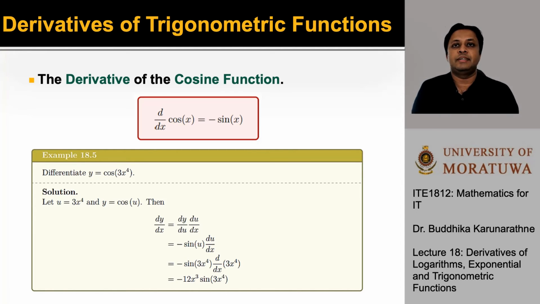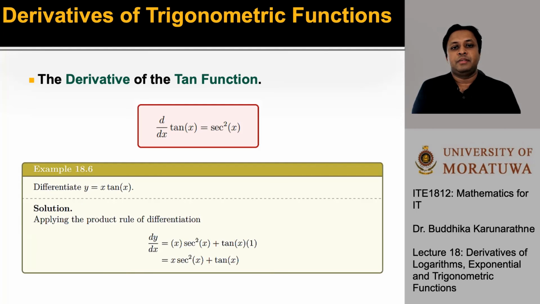When you differentiate 3 times x to the power 4 with respect to x, you get 12x cubed. So the eventual answer would be negative 12x cubed times sin of 3x to the power 4. In this case, you applied the chain rule and used the derivative of the cosine function.